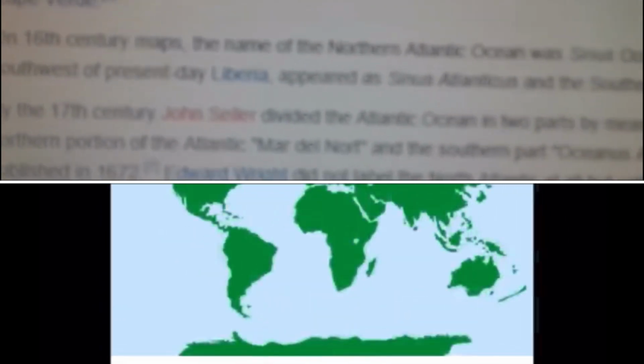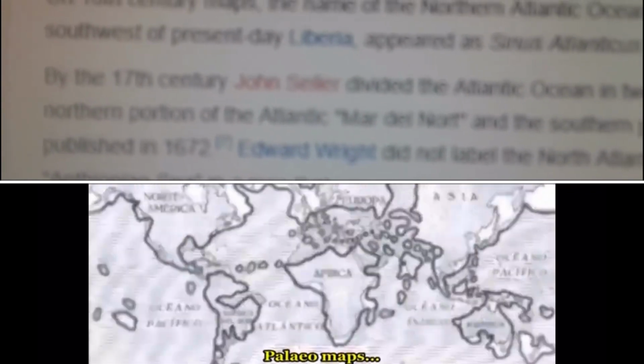And instead of showing you like this is how the Greeks saw the world, Europa, Asia, Libya, and the rest is Africa, and there's the Ethiopian Ocean.